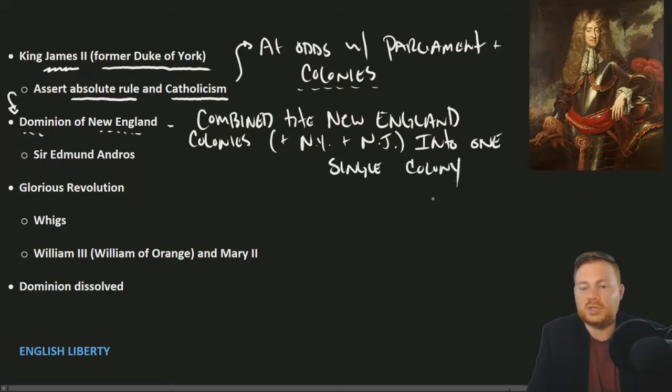All right, so the Dominion of New England was taking all those New England colonies, Massachusetts, Plymouth, Connecticut, New Hampshire, combining it with New York, combining it with New Jersey, and just creating one single colony.